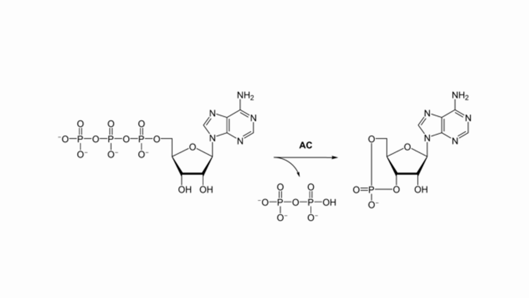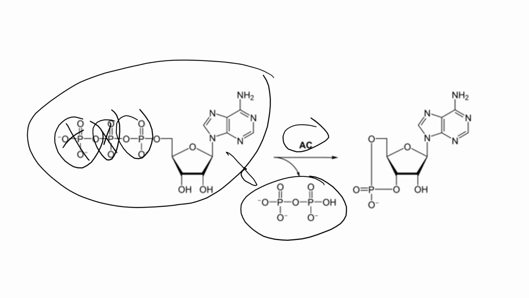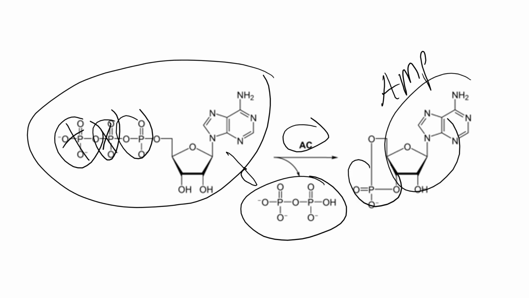Just in case you wanted any more clarity on cyclic AMP, here is ATP, adenosine triphosphate: adenosine and 3 phosphate groups. Over here, AC stands for adenylate cyclase. What adenylate cyclase does is it takes ATP and first strips 2 of the phosphate groups off. If 2 phosphate groups are stripped off of ATP, you now have AMP, adenosine monophosphate: adenosine plus 1 phosphate group.